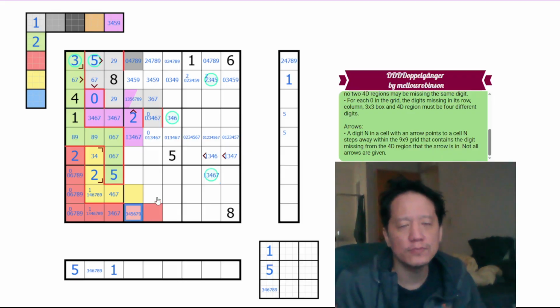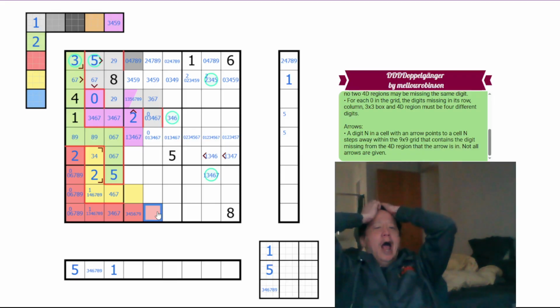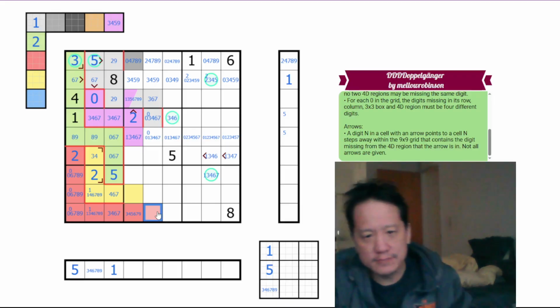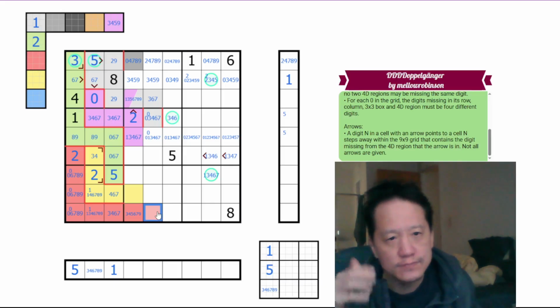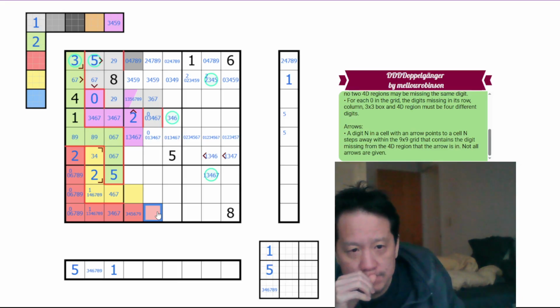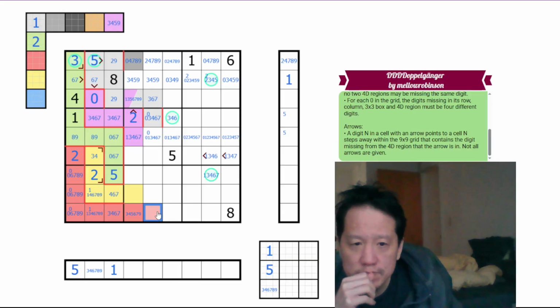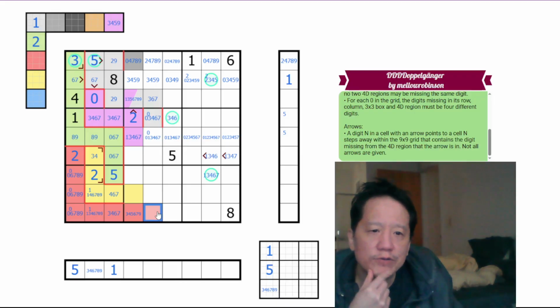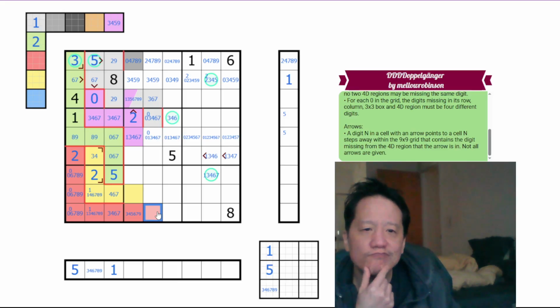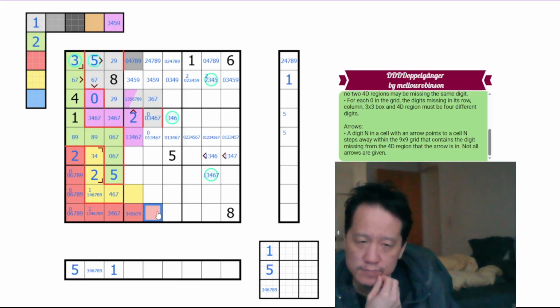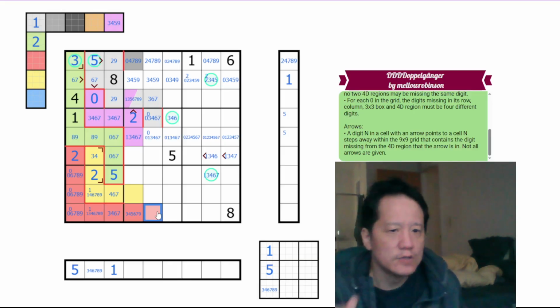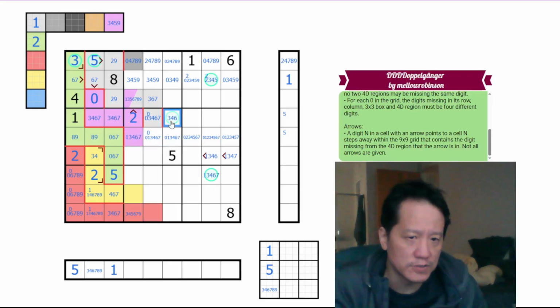What are the remaining? Well, hmm. So the only way pink can be part of the same region as the circle is if it's 6.